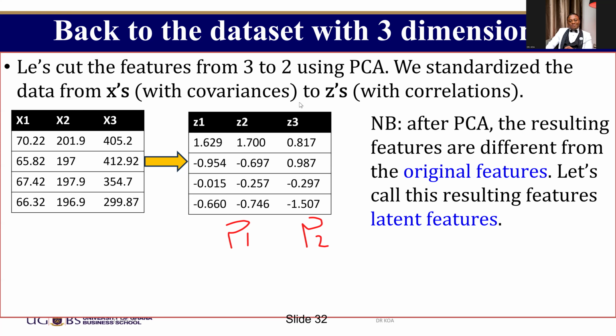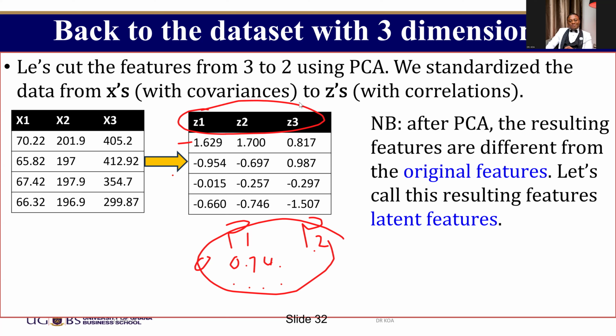And then we have some numbers here, let's say 0.34, and so on, for the first observation, observation 0 here. And then we have some other numbers for the next observation. This information will become the latent features for the original variables, where the original variables this time will be the Z's, the scaled factors.